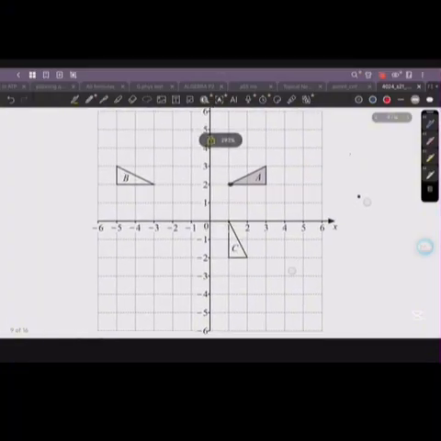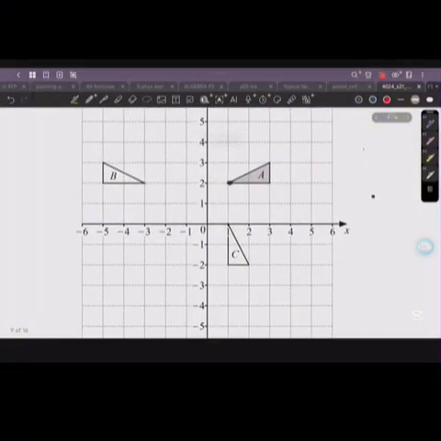Now, as they have said that its scale factor is 2, which means the enlargement image will be drawn on the same side. So we'll take 1 point on the triangle A, which can be this one. So we'll see how much distance it is by counting the boxes. So it's 1 and 2.